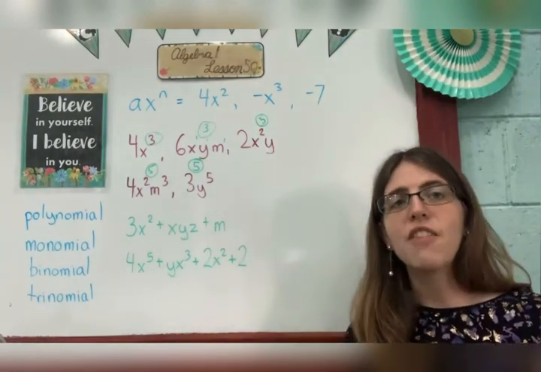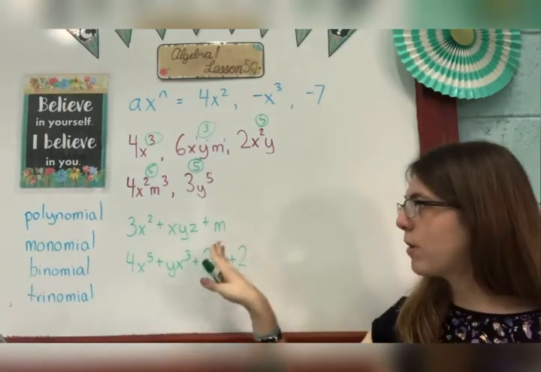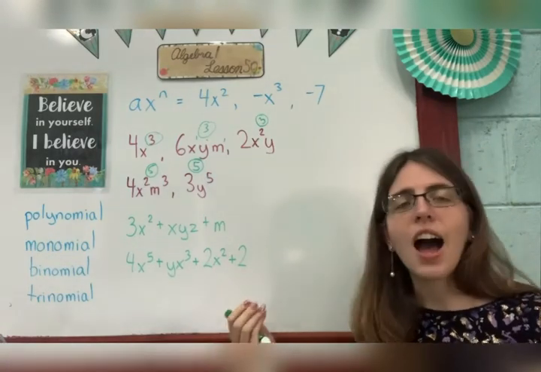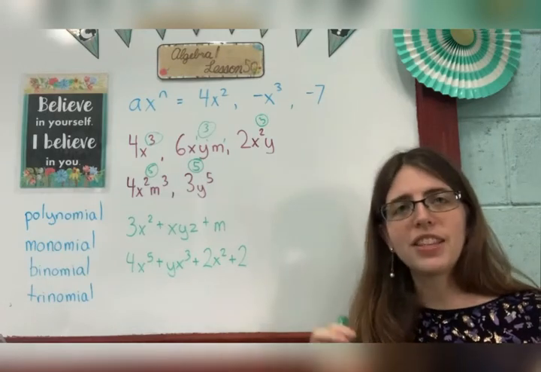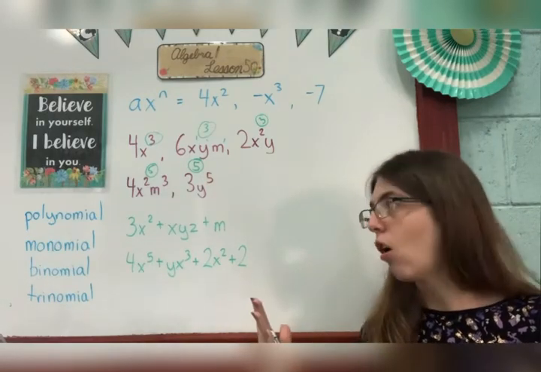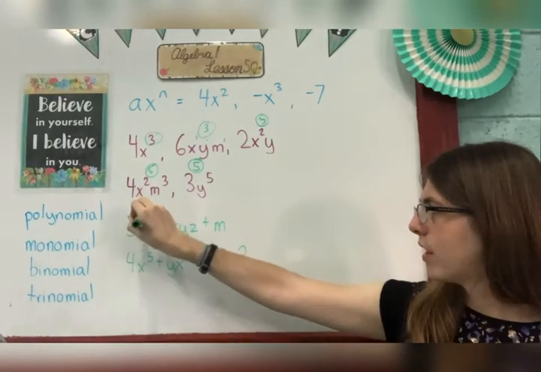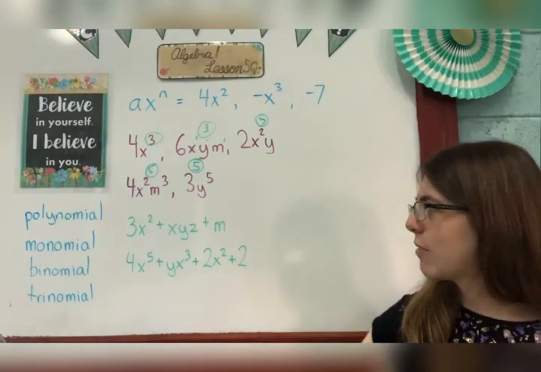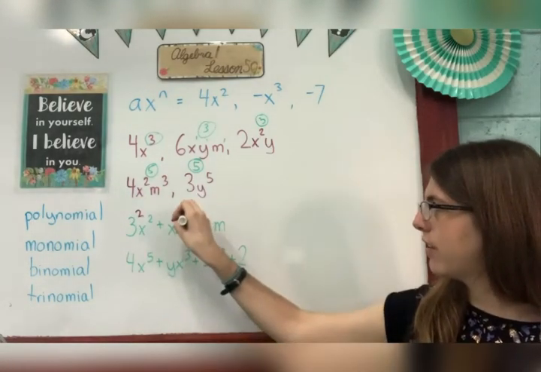For the degree of a polynomial, so the whole thing, so here's a polynomial, it's a trinomial, I have more than one term. I find the term with the highest degree, and that's the degree of the polynomial in all. So this term has a degree of 2. Let me change my colors here. This term has a degree of, well, 1, 2, 3, 3.